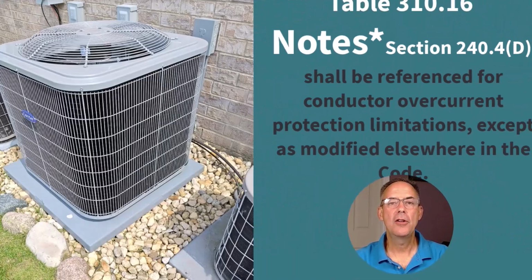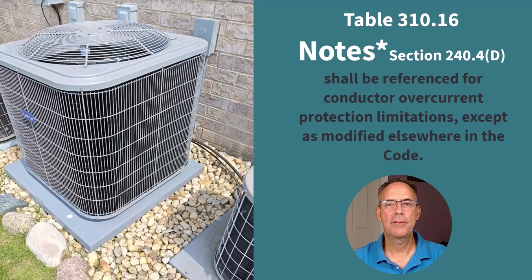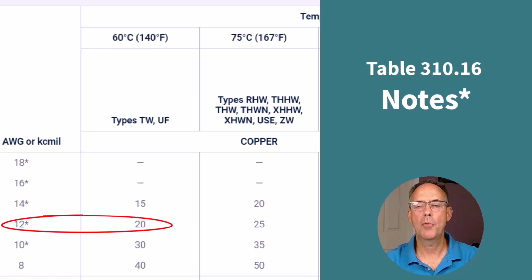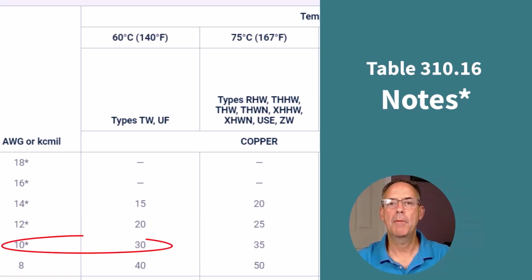And if we look at the notes section, the asterisk section says to go to 240.4(D), and it tells us that there are certain limitations placed on conductor sizing. As electricians, we're all very familiar with that number 14 with the asterisk, and 240.4(D) tells us that you can only go up to a maximum of 15 amps, a number 12 maximum of 20 amps, a number 10 maximum of 30 amps.